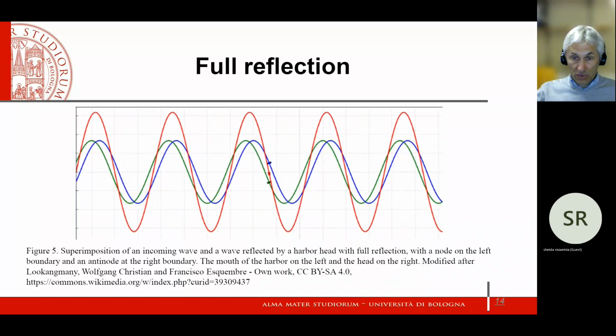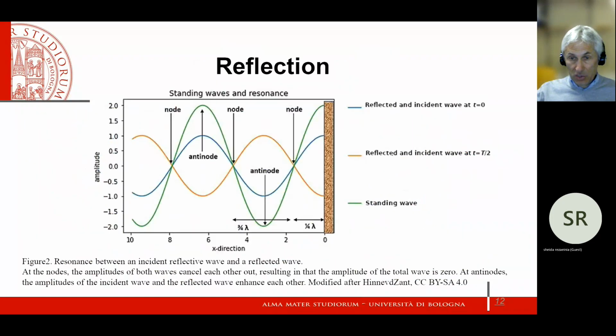Remember, I go back to the figure. The node is where you don't have any change in water level due to the superimposition of the two waves. The antinode is where you have the max fluctuation.